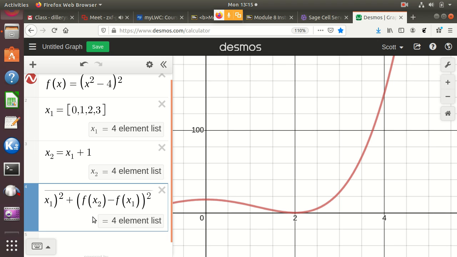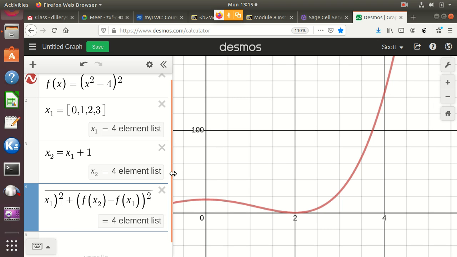So I've got f of 1 minus f of 0, that quantity squared, and then f of 2 minus f of 1, that quantity squared, and so forth. I could do that much quicker that way. And then I still need to know what that list is and add it up.